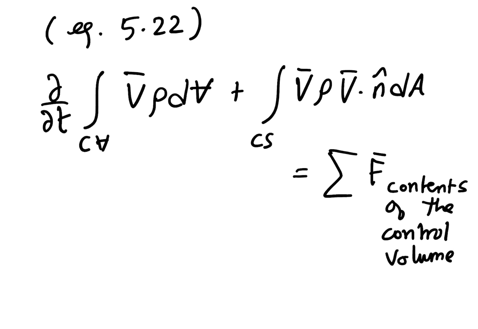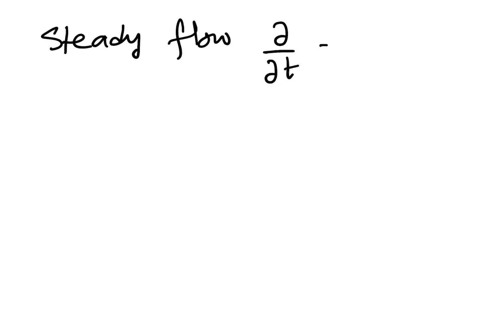Okay. Now we want to consider some special cases, like for example, what happens if we have a steady flow? If you have a steady flow, the derivative with respect to time is 0.